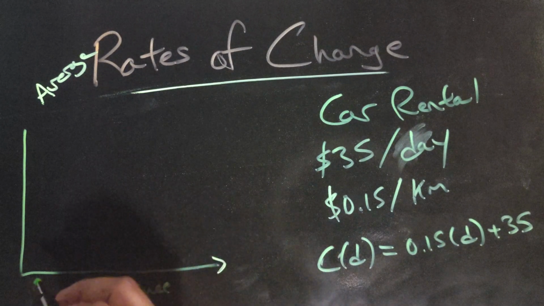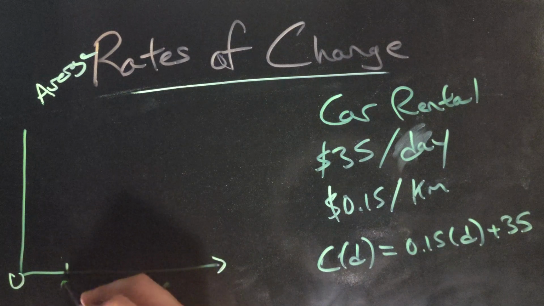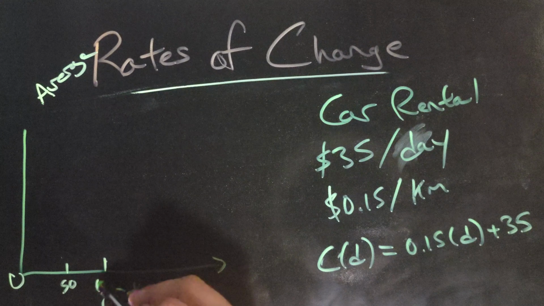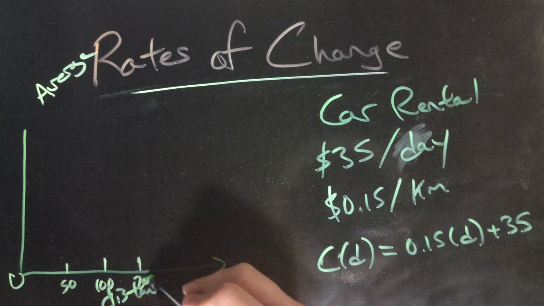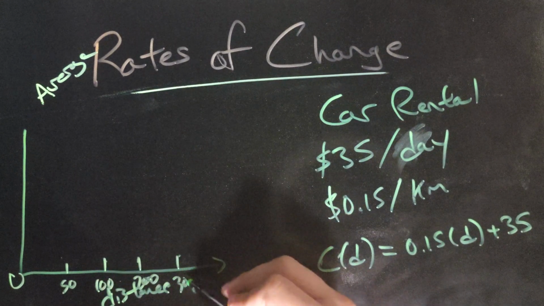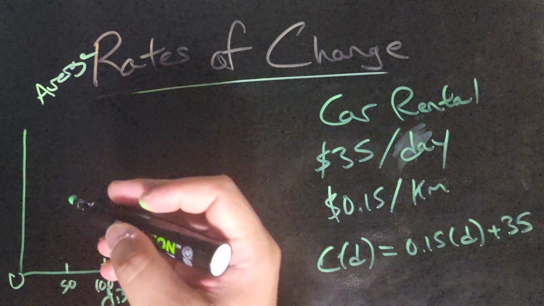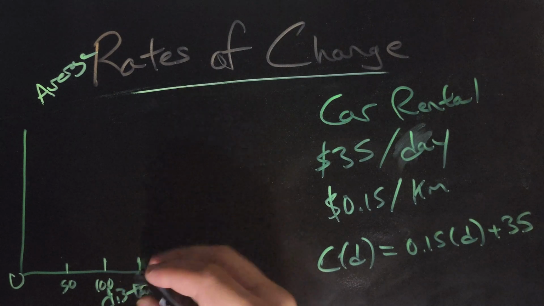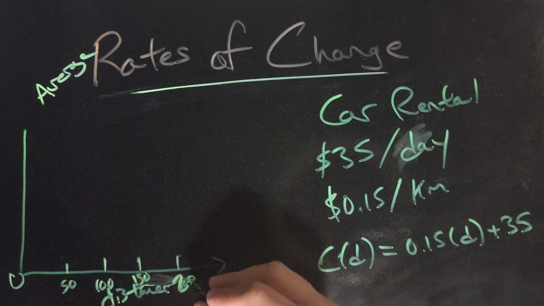Say you start off at 0 and you can do 50, 100, 150 and 200.